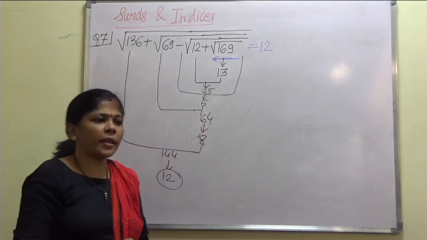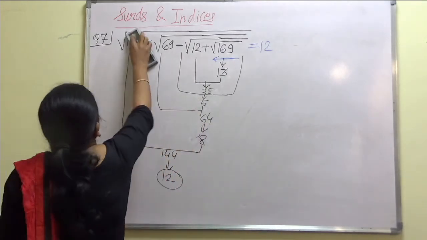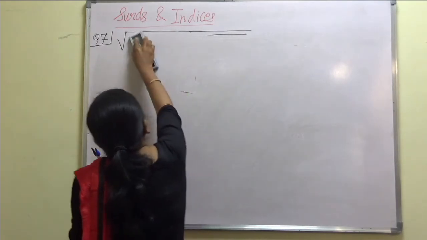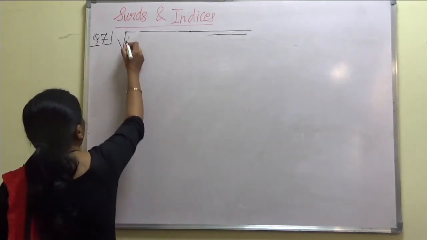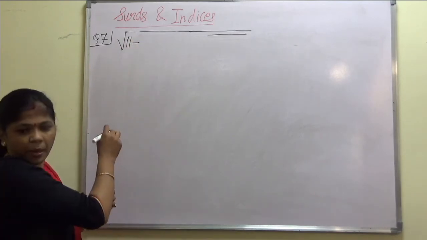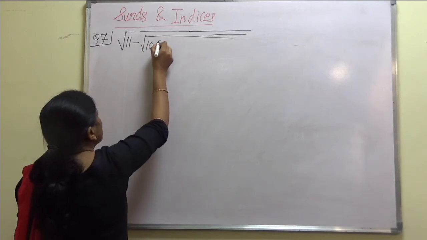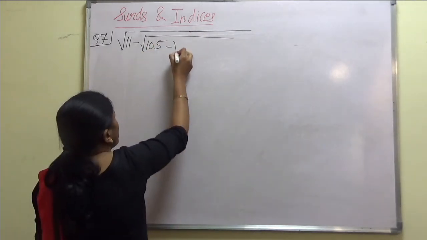Let me take one more example of the similar type. It is under root of 11. Then we have minus under root of 105. Then we have minus under root of 17.